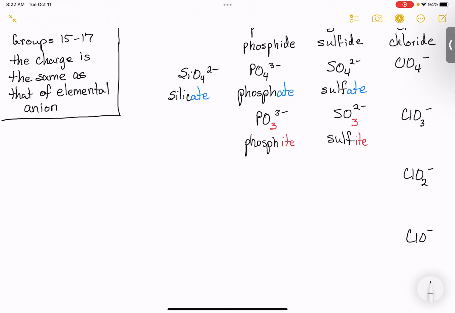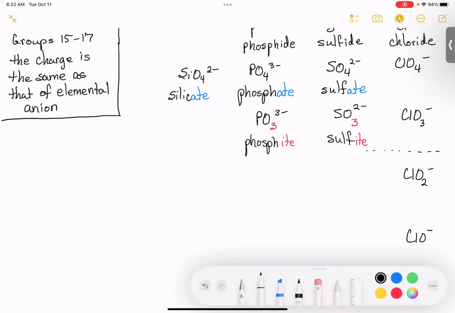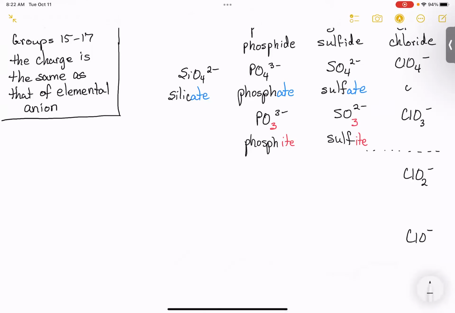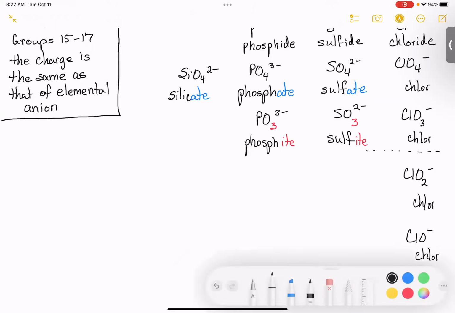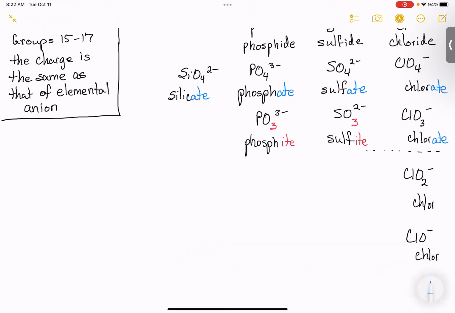Now, as far as our polyatomic ions are concerned, when naming them, we really only have two options. It's either going to be the ate or it's going to be the ite. However, no two ions can have the same name. So we cannot have two chlorates. We cannot have two chlorites.